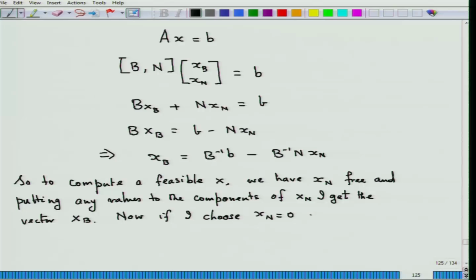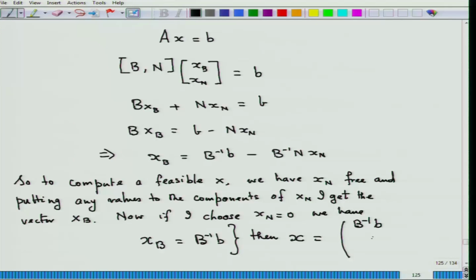If we choose x_N equal to 0, we have x_B equal to B^{-1} b, and then this vector x is [B^{-1} b; 0].